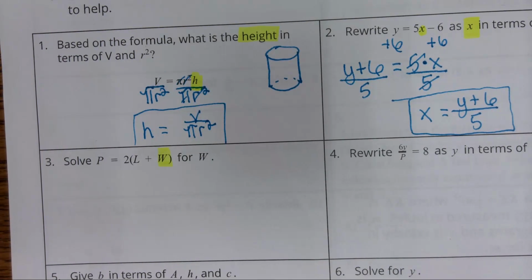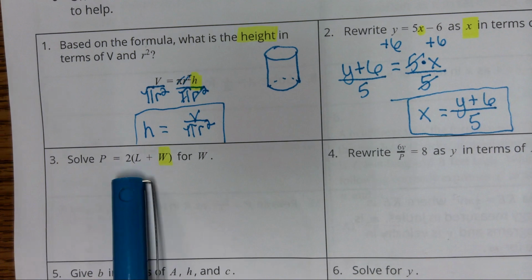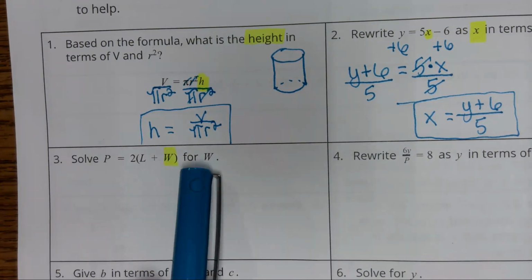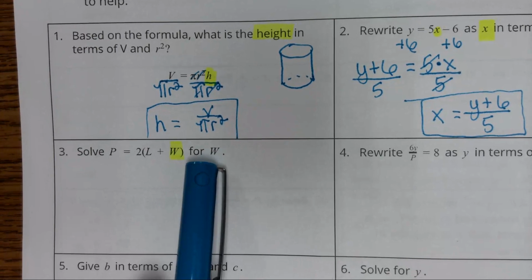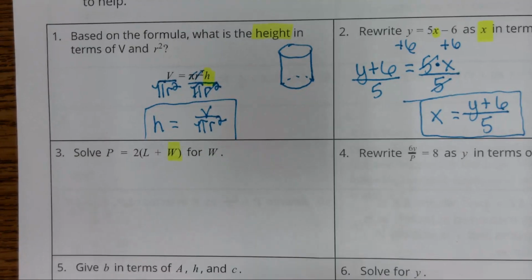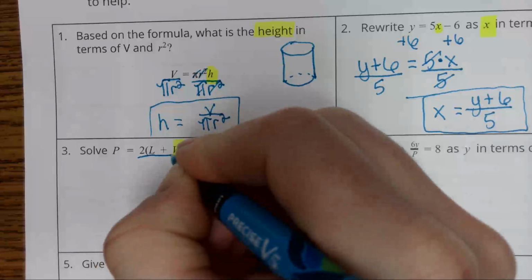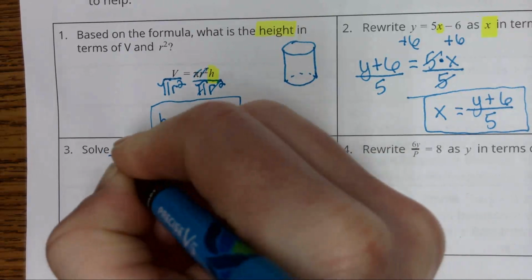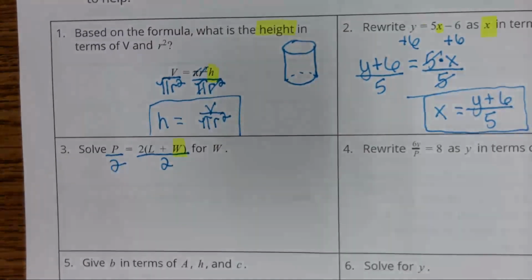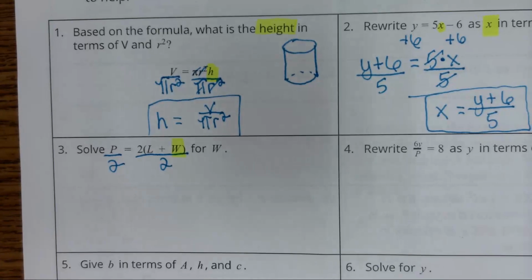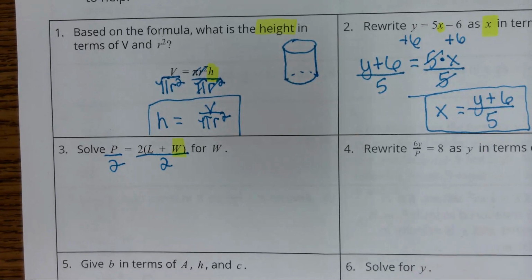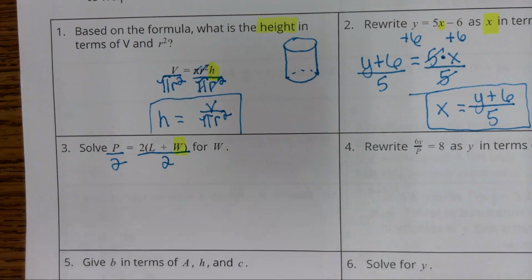What do you want to do? We're trying to get W alone. Do you see how it's 2 times L plus W? Could I maybe divide both sides by 2? You could also distribute the 2 and then go that route. I think if we have the 2 in front though, it's a little easier to do it this way.